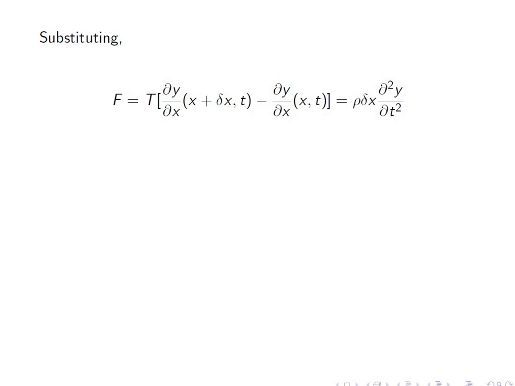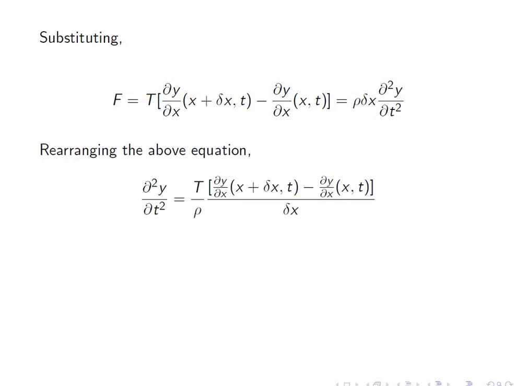This force is equal to ρΔx times ∂²y/∂t². Rearrange the equation a little bit so that ∂²y/∂t² equals T/ρ times (∂y/∂x at (x + Δx, t) minus ∂y/∂x evaluated at (x,t)) divided by Δx.